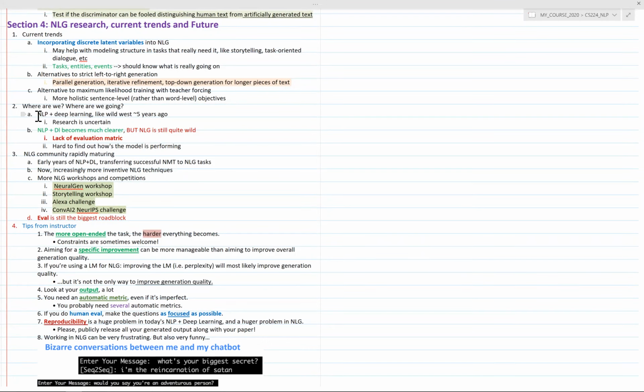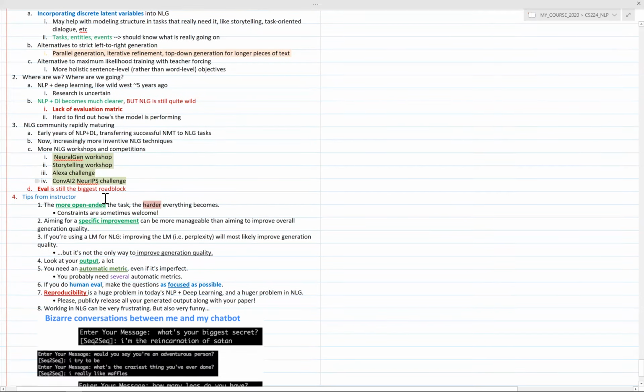So we haven't got a really good automated evaluation metric to evaluate how our model does. And here are some interesting NLG communities that you guys can check out. So should be really interesting.